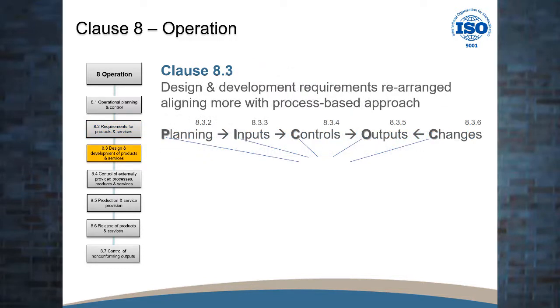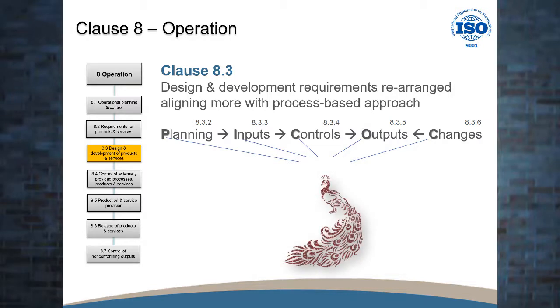Clause 8.3, so we start getting into design and development. The requirements in this section are rearranged a bit, and I really like the new layout here. So 8.3.2 is planning. So it's more of a process-based approach. So 8.3.2 is planning, followed by inputs, controls, outputs, and then changes.